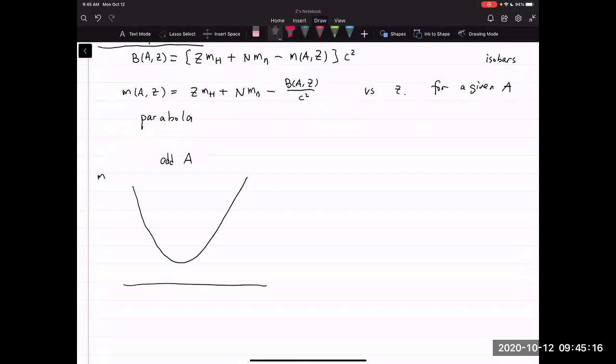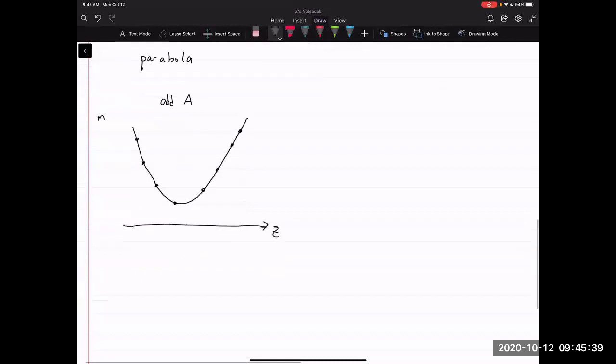So this axis is Z. Because a parabola has this shape, here on this curve we can find multiple nuclei along the same isobar, the same A. Now we can take the derivative to find the most stable one.